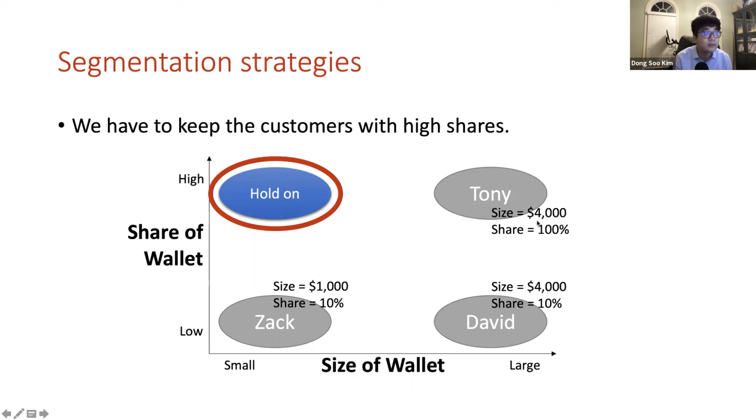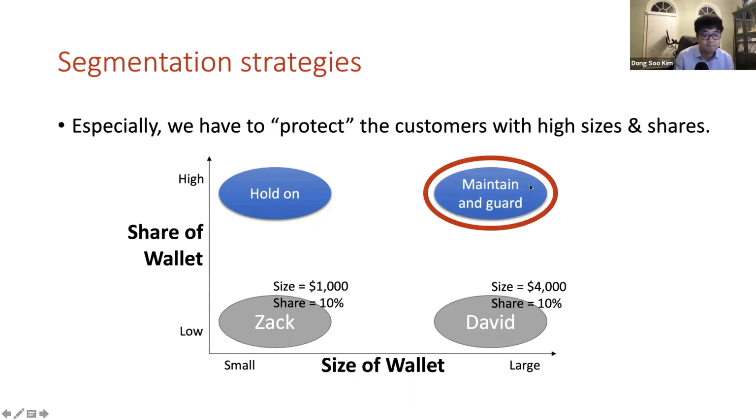Furthermore, his spending level is much higher. That means he's highly likely to be targeted by competitors. So we have to keep this customer, and moreover, we may need to proactively protect him from the competitors.